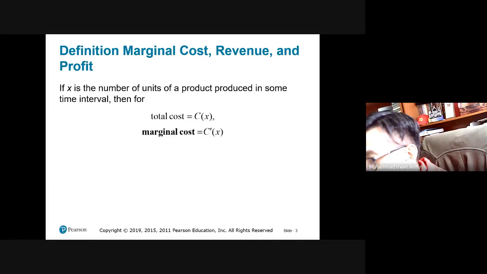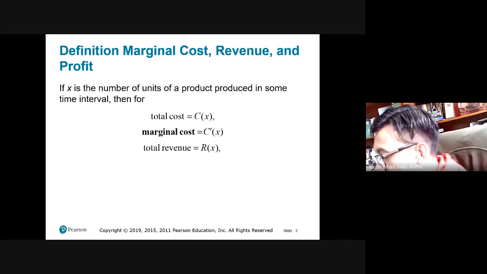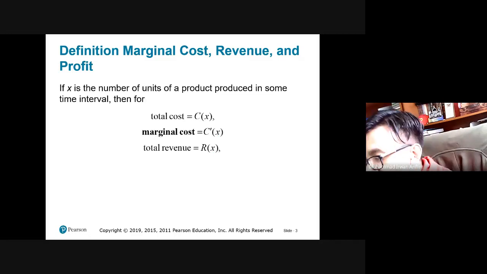Now, what is marginal cost? Marginal cost is the derivative, the change in total cost when x, our input, changes. Then we have revenue, which also depends on the number of products that we produce. Revenue is another dependent variable that depends on x, our independent variable.